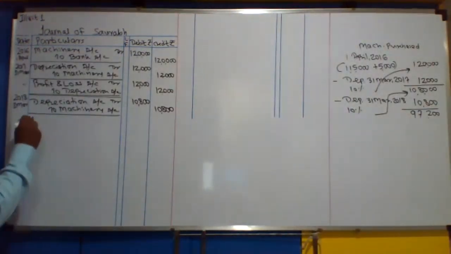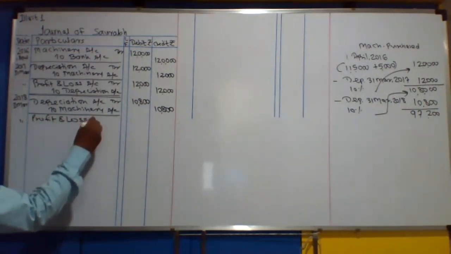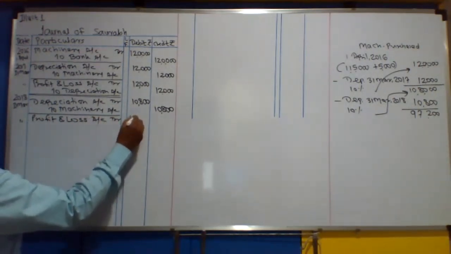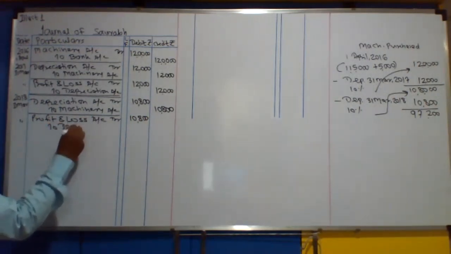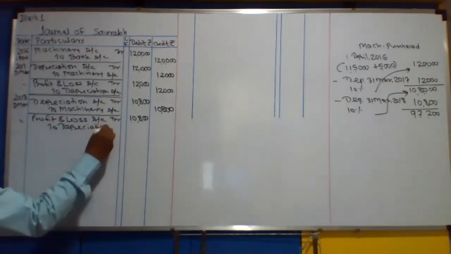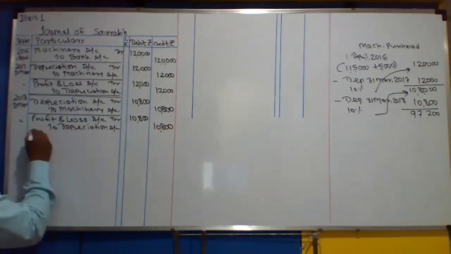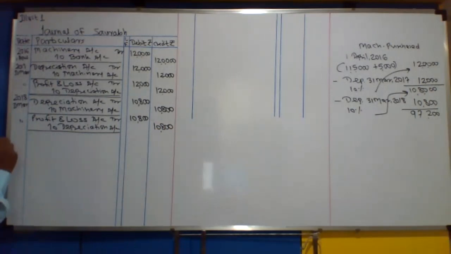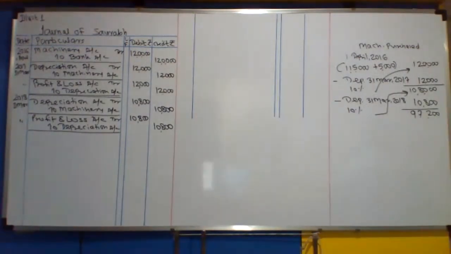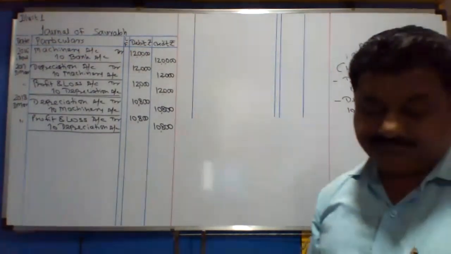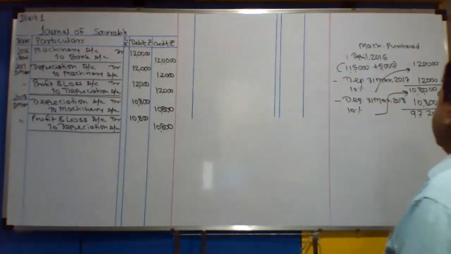This is our work every year: charge depreciation and transfer it to profit and loss account. Now the next entry: profit and loss account debit to depreciation account 10,800. Narration: being the depreciation transferred to profit and loss account.